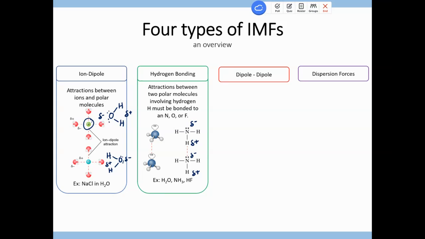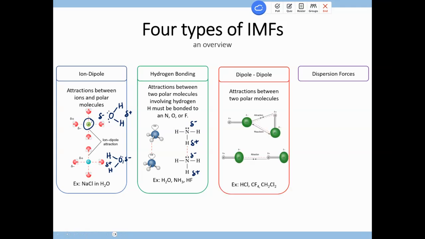So the positive hydrogen has a force of attraction to the partial negative nitrogen. This occurs in water, hydrogen fluoride, NH3, and other molecules that have hydrogen bonded to oxygen, fluorine, or nitrogen.